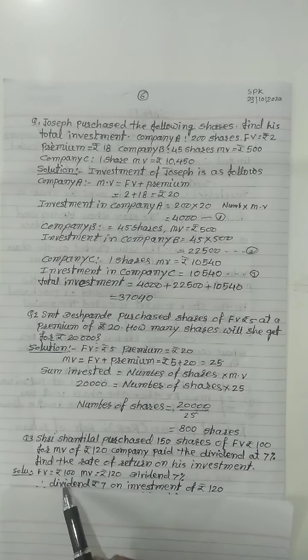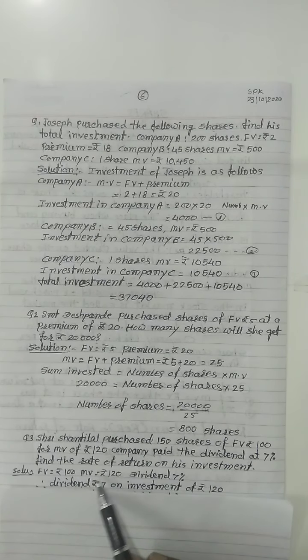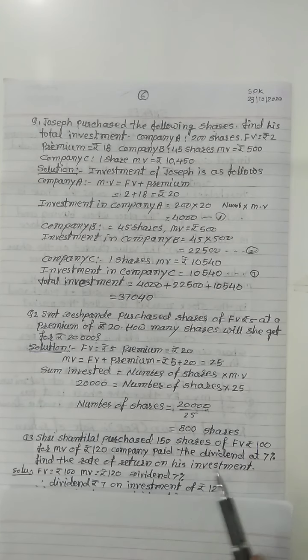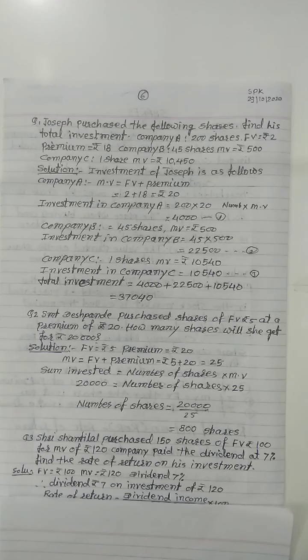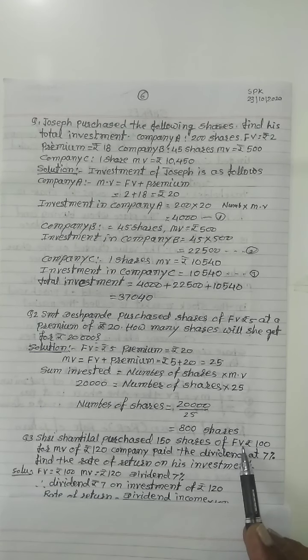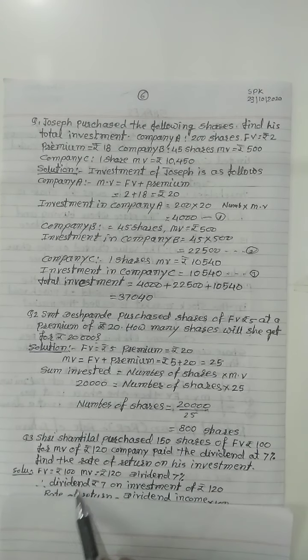So face value is 100 rupees, market value is 120 and dividend is 7%. So the dividend on each share is 7 rupees. Because the face value of share is 100, for one share 7 rupees on investment of 120, but he invests 120 for one share.